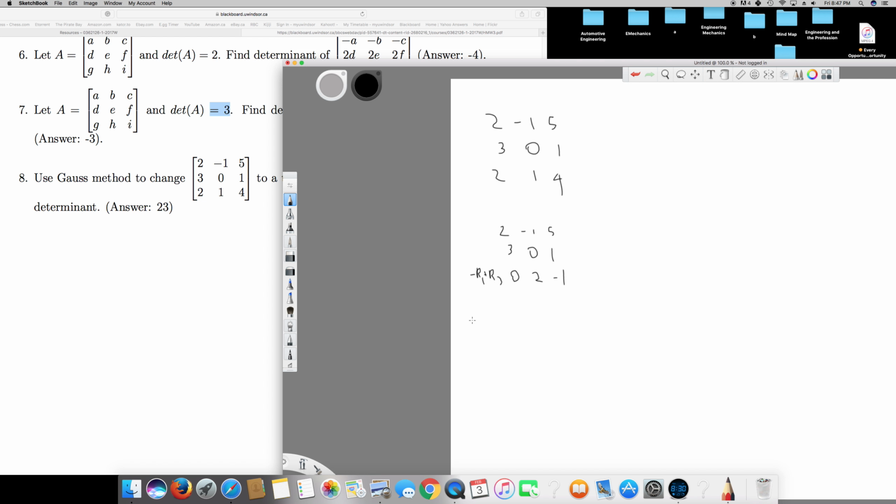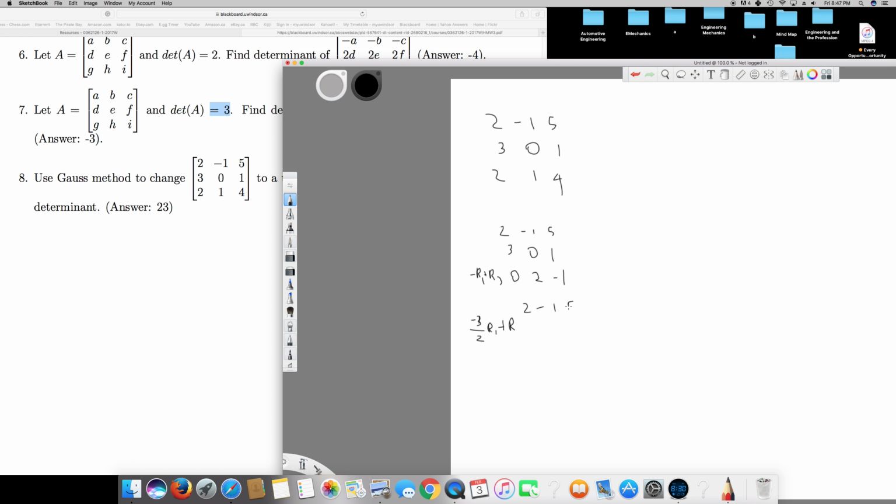So it's going to be minus 3 by 2 r1 plus r2. The first row stays the same, we are changing the second one.